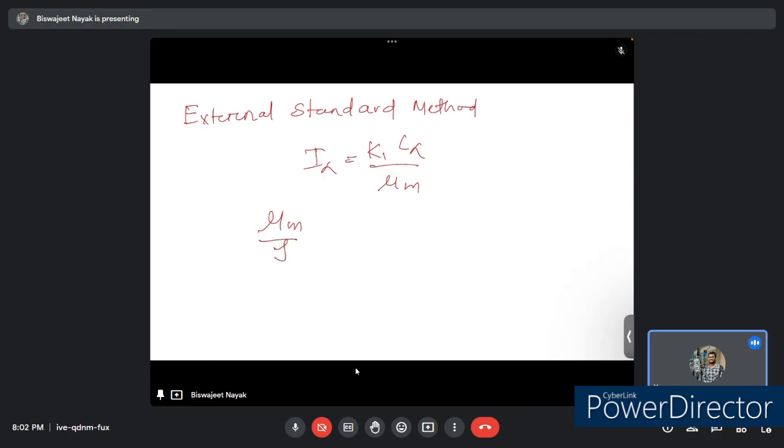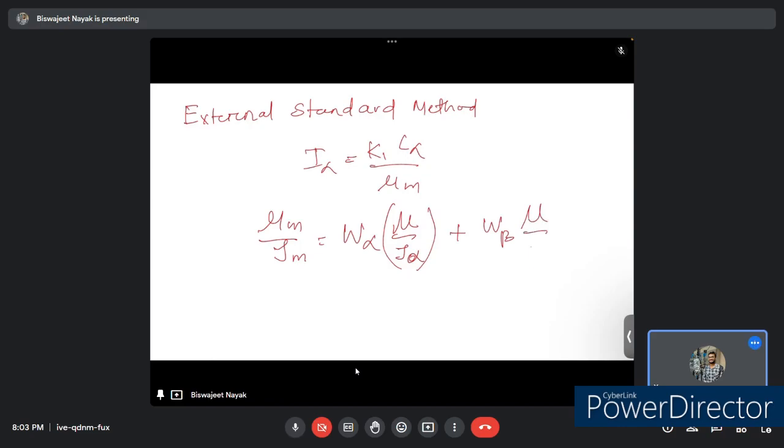Coming to the external standard method, here this equation: I alpha equals K1 C alpha by mu m. This mu m is expressed in terms of concentration, where W denotes the weight fraction and rho denotes the density.